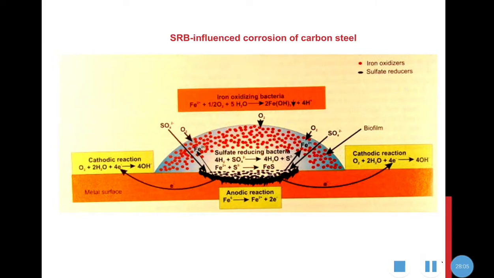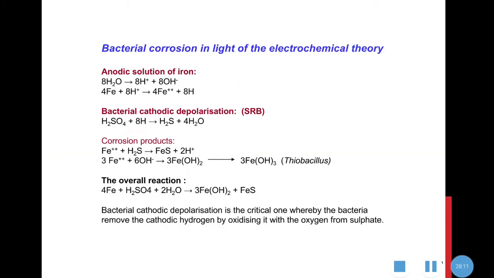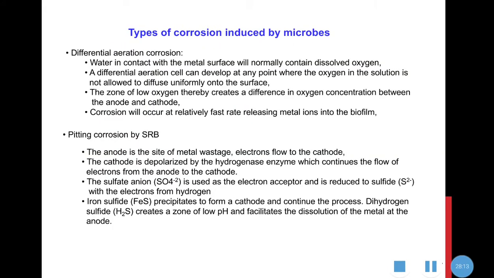Kalau you tengok kat sini, so this orang kata reactions explained in detail dekat sini, macam mana dekat diagram tadi. So iron sulfide precipitates to form a cathode and continue the process. The hydrogen sulfide create a zone of low pH and facilitate the dissolution of the metal and the anode.